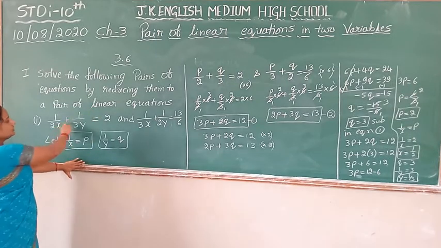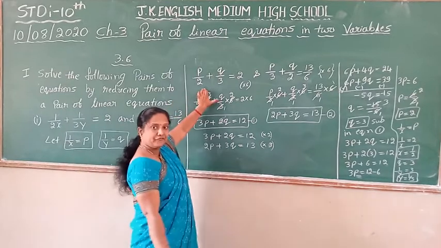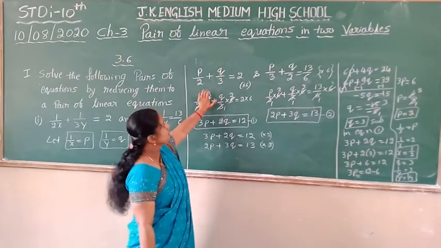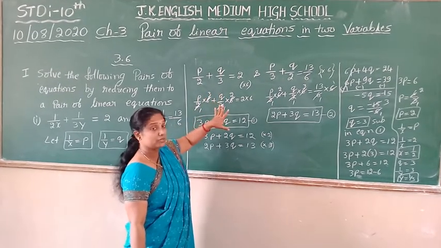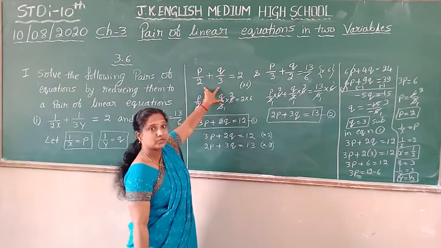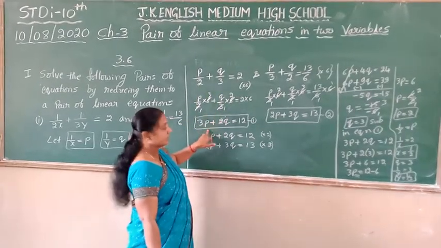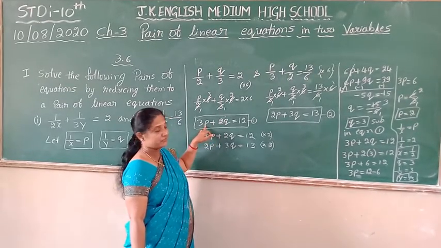These equations reduce to this form, but it is once again in fractions. We don't want fractions, we want whole numbers, so what is the LCM of 2 and 3? It is 6. I will multiply all the 3 terms by 6. Then after reducing, once again I got it in this form.